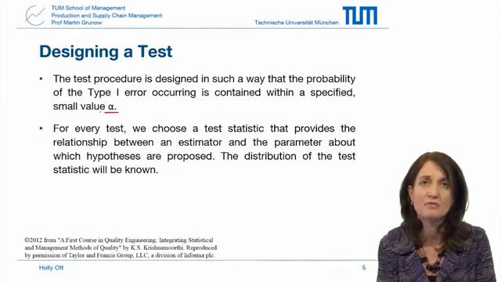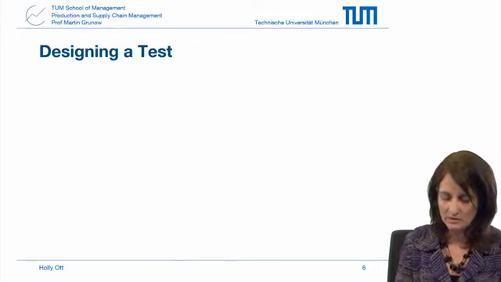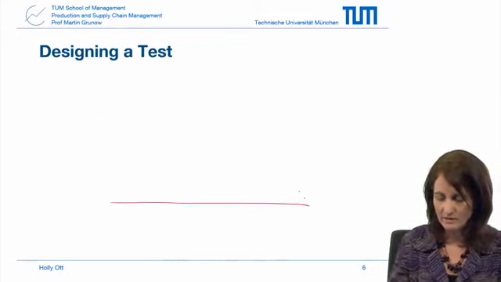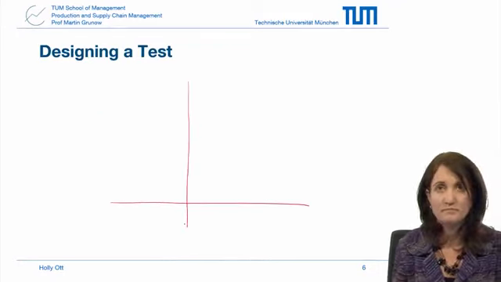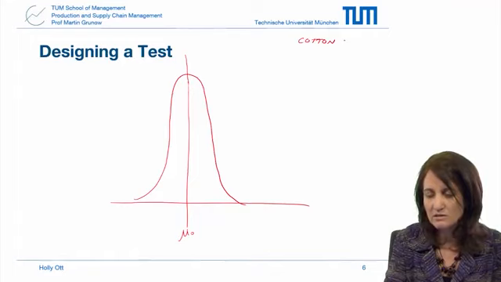Now I'd like to draw this. Suppose we have a population which is centered about a mean, normally distributed. Now let's say, for example, that we are a cotton rope supplier.